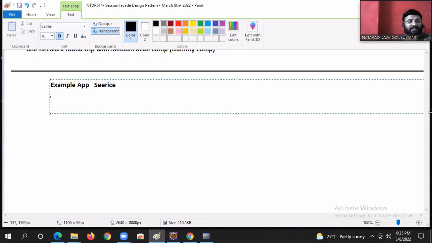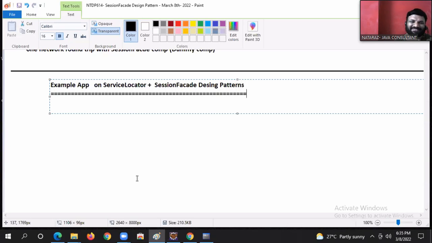Dummy component details will be there in the JNDI registry. There should be someone talking to the JNDI registry and getting what? The dummy component reference, right? For that, it is better to go for what? Service locator support or not. Example application on service locator plus SessionFacade design patterns.